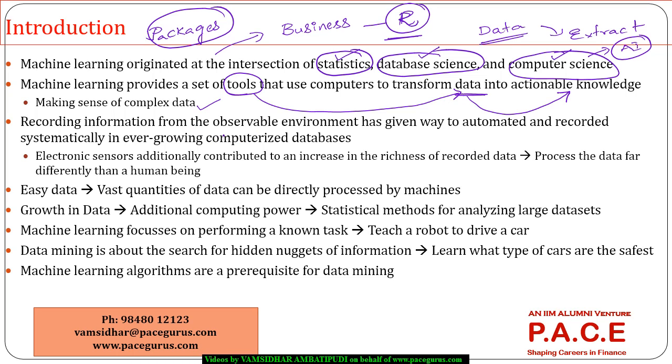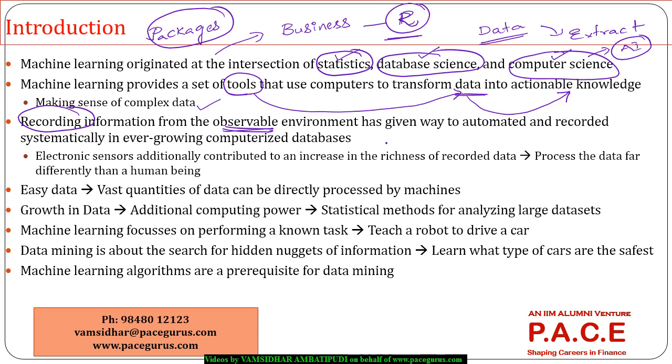Earlier, until a decade or a couple of decades back, when I was talking about data, I used to observe something, and based on whatever I observed, I would make a recording of that on pen and paper, or in a database, or in a spreadsheet. But today, I'm not just capturing only the observed information.